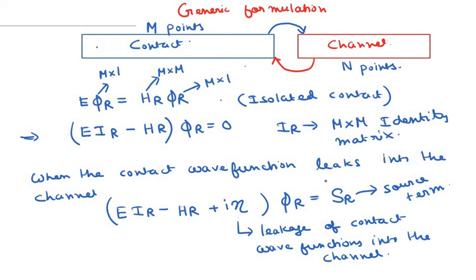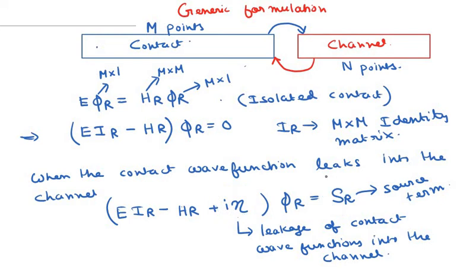So to maintain the contact at a constant electrochemical potential or at a constant Fermi energy, or to maintain electron balance inside the contact, once an electron from the contact leaks inside the channel, that electron also has to be replenished. So this is basically the source term that replenishes electrons into the contact.